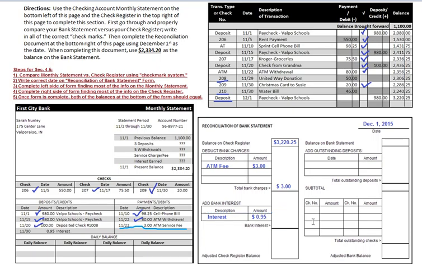That's the only interest. The last thing we need to find on the left side is the adjusted check register balance. Now, before we do that, I want to draw your attention to two magic words. First off, deduct and add.